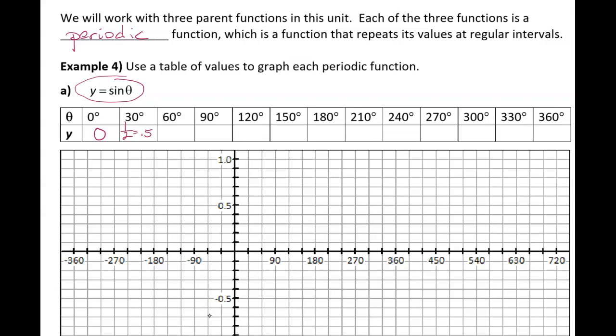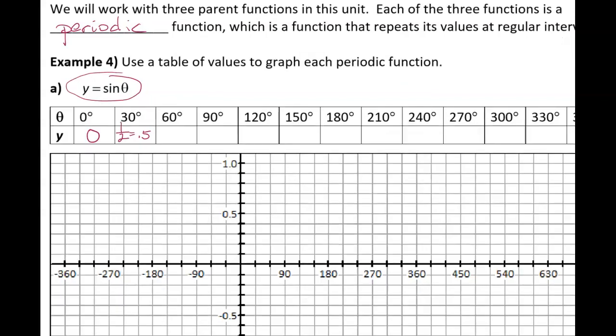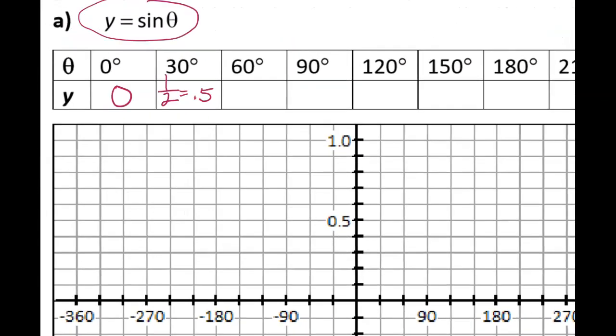All right, now let's check out 60 degrees. Well, I think you can see from 30, 60, 90 triangles, which we've drawn a lot of, that the sine of 60 degrees is just going to be square root of 3 over 2, because in that triangle, our opposite and adjacent just switch sides. And let's get a decimal approximation on that one, because we're going to need to plot it.